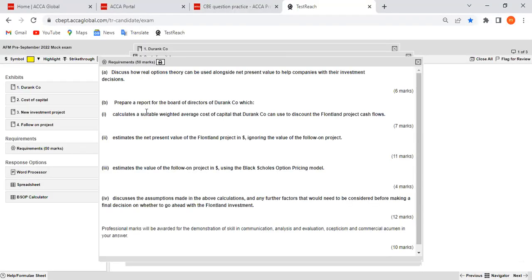Tell me. The requirement of the B part in this question is to calculate a suitable weighted average cost of capital that D company can use to discount the F project's cash flows. Now, remember, the B part we are solving, and in the B part, we have to compute the cost of capital.